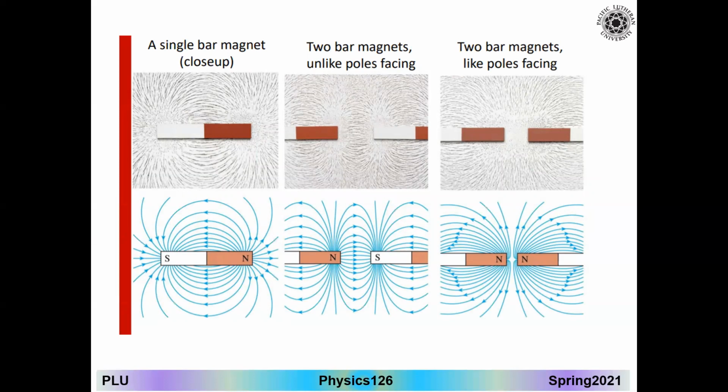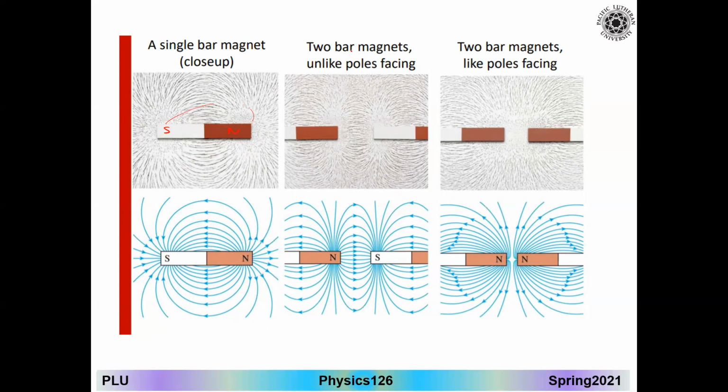And here, comparing with what we have in reality, if we have a single bar, and if we have two bars, based on the directions where you put the south and north. So here, if we have the south and the north pole, and you want to draw the lines of the magnetic field, it comes out from the north and comes into the south. So that's how we draw that situation.